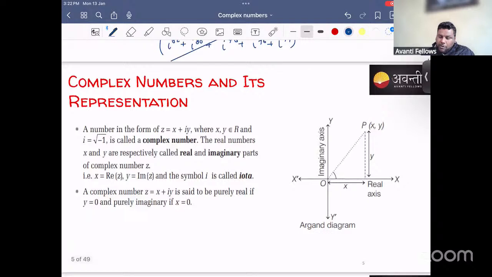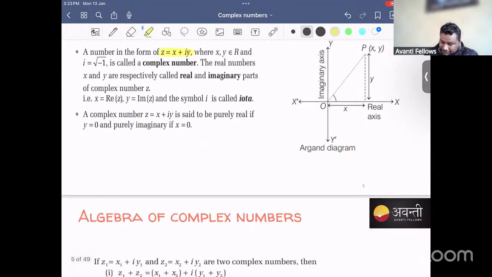Now, complex numbers and its representation. See, the number of the form z equals x plus iota y, where x and y belong to real numbers and iota is under root of -1, is called a complex number. The real numbers x and y are called the real and imaginary part of complex number z. That means if the complex number is z, that is x plus iota y, then x is the real part and it is expressed by real part of z.